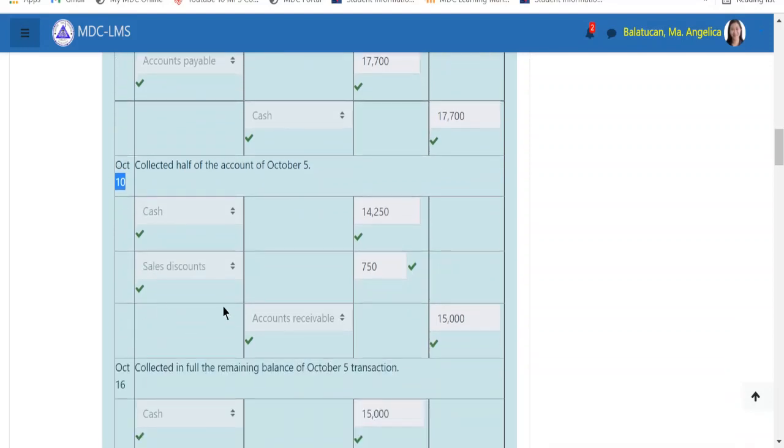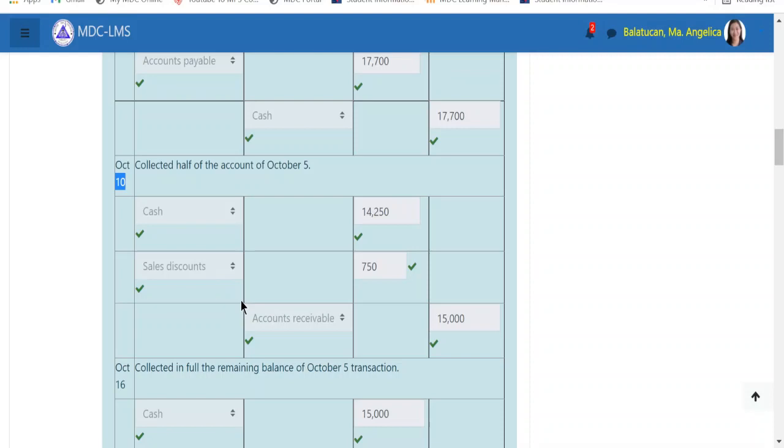Next question. Ma'am, why is it that we debit a sales discount and not a purchase discount? So we debit a sales discount because we are the seller in this transaction. If we are the buyer in this transaction and we availed of the discount, we will record a purchase discount.